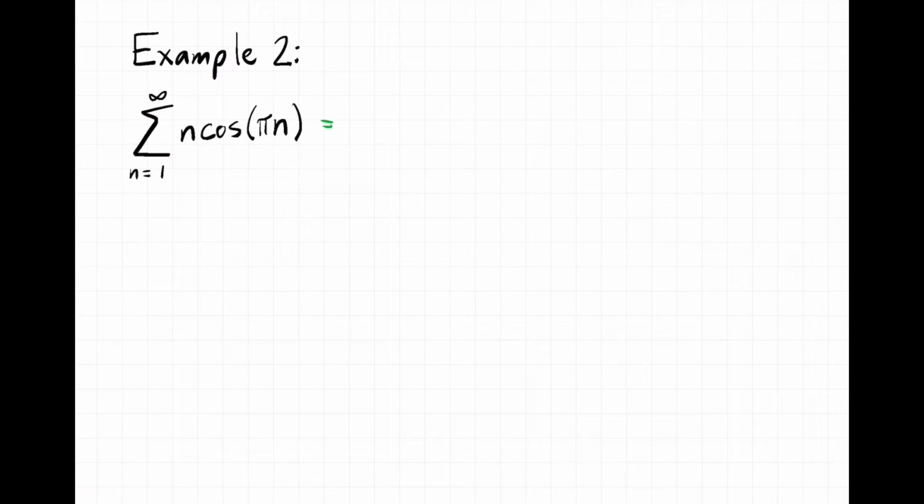So n starts at 1, so we're going to have 1 times the cosine of pi plus 2 times the cosine of 2 pi plus 3 times the cosine of 3 pi plus 4 cosine 4 pi plus etc. Let's work out what these actually are.